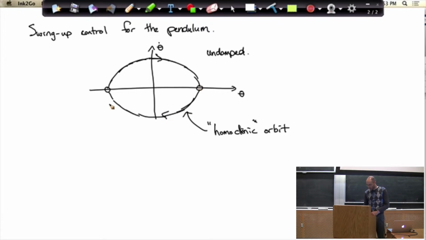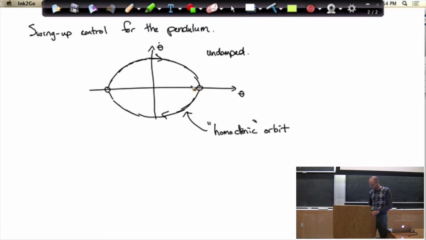So the basic idea that we're going to pursue with our nonlinear control here is, if I start myself anywhere in the system, I could try to drive directly to the fixed point, but that's maybe hard. It's a little easier, since I have limited control authority, to say wherever I am, I'm going to just try to drive myself closer to this homoclinic orbit. And then if I can get to the homoclinic orbit, and if I can stabilize it, then I can just ride it in and get myself to the fixed point.